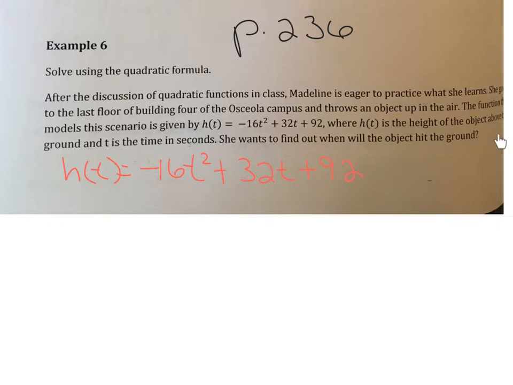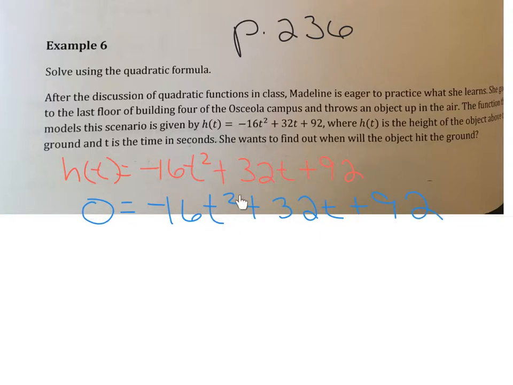Oh, actually, no. The height of the object above the ground means when we're looking at the time, t is the time in seconds to find out when the object will hit the ground. Okay, so the height is going to be 0 because the object is hitting the ground. So we're going to put a 0 there. And we recognize this as a quadratic equation because of that t squared there.